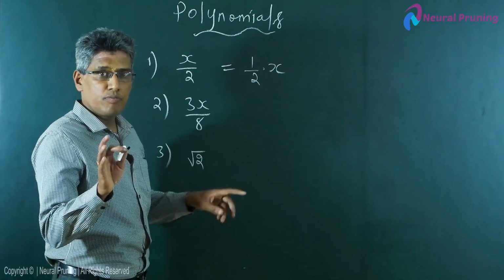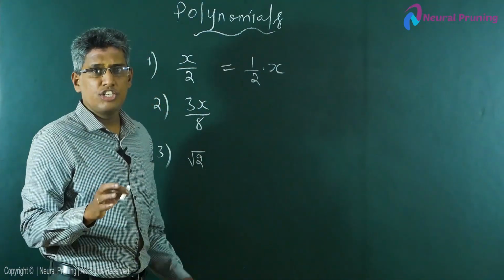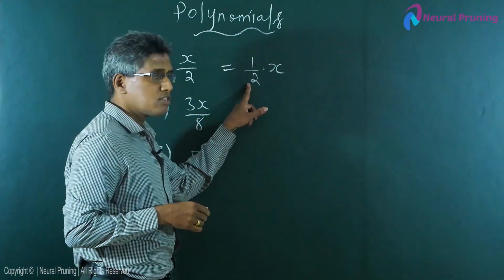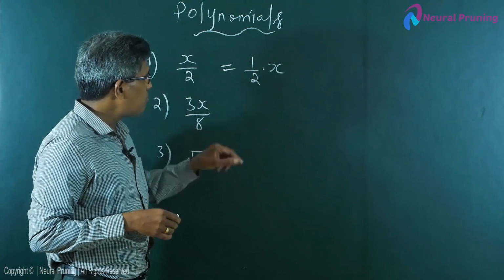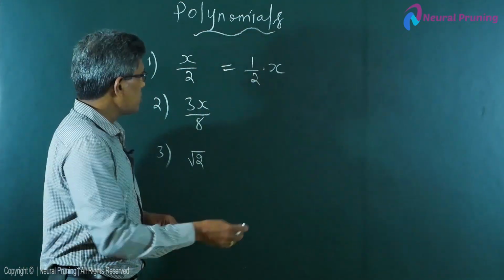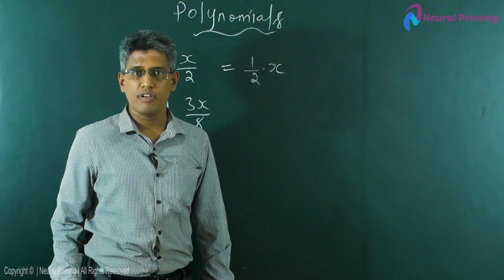Okay, so now let us clearly understand the second condition associated with the definition of a polynomial. This particular number 1 by 2 is a real number. Okay, it belongs to the set of real numbers.